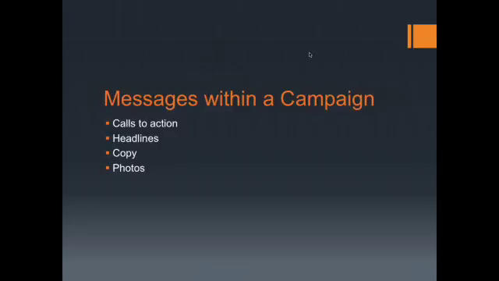Your copy should speak to the consumer, and it should be consistent. The copy in one type of marketing, on your newsprint for example, or maybe your direct mail, should all have a consistent look and feel. It should be sending the same messages to that consumer, so there are no disconnects along the process as they interact with multiple pieces of media throughout the campaign.